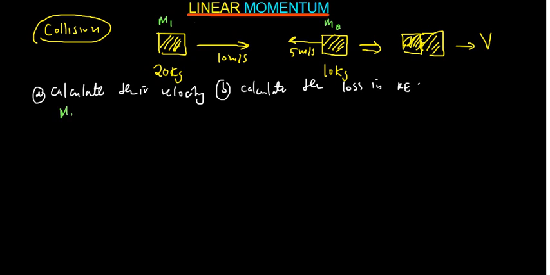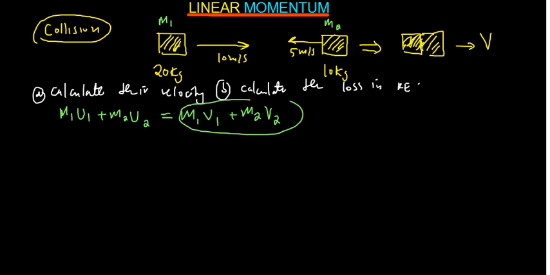So m1 multiplied by u1, where u represents initial velocity, plus m2 multiplied by u2, is equal to m1 multiplied by v1 plus m2 multiplied by v2. The total momentum before impact is equal to the total momentum after impact. That is what we call conservation of momentum.